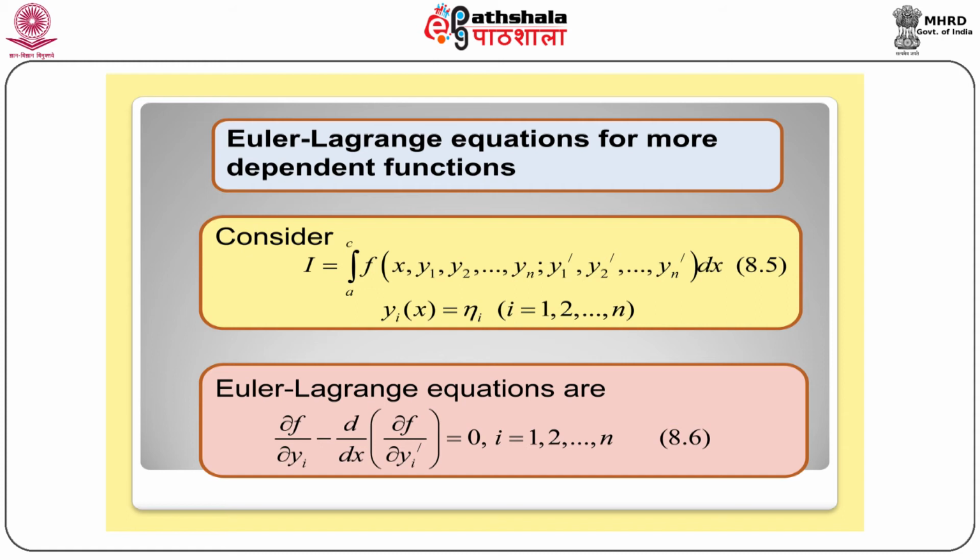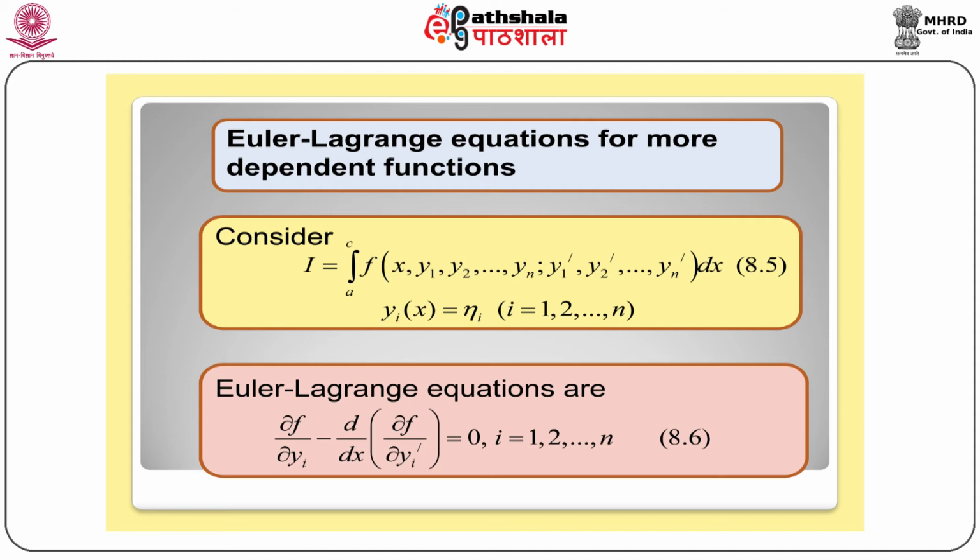Let us consider I equal to integration a to c f, which is a function of x, y1, y2 up to yn and y1 dash, y2 dash up to yn dash dx, containing n dependent functions yi function of x, i varying from 1 up to n, and yi x equal to eta i for i equal to 1 up to n.